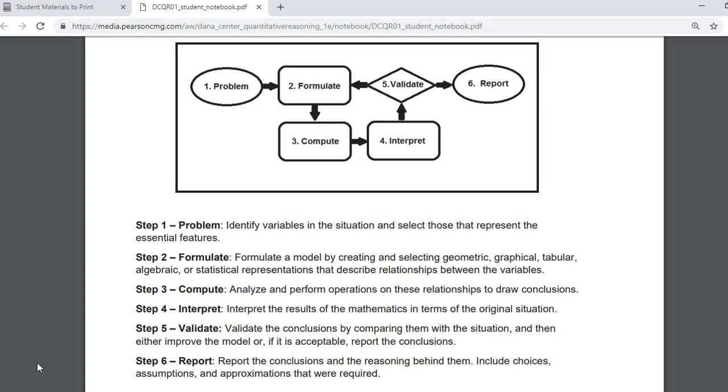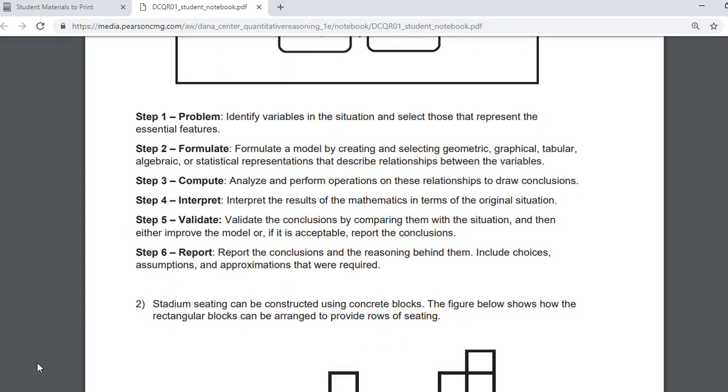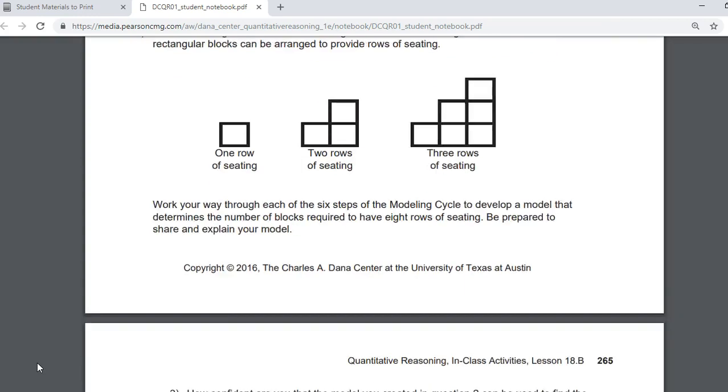We can do some computations, we can look at those, we can say, hey, are these valid? And if they're good, report out, or if they're not good, keep going back in the circle. Let's formulate another thought, let's do some more computations, let's interpret some more. But eventually, we're going to report out, whether it's good, bad, or ugly. We're going to be able to talk about it.